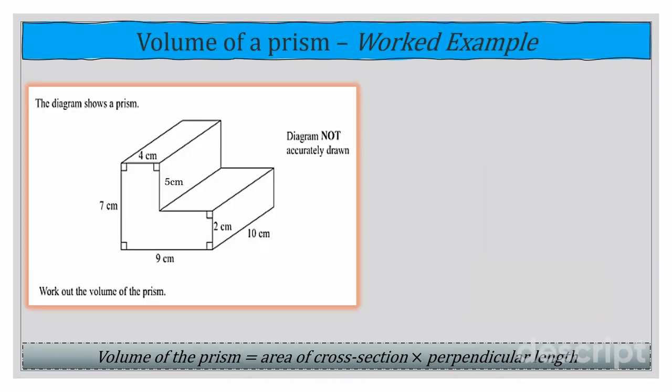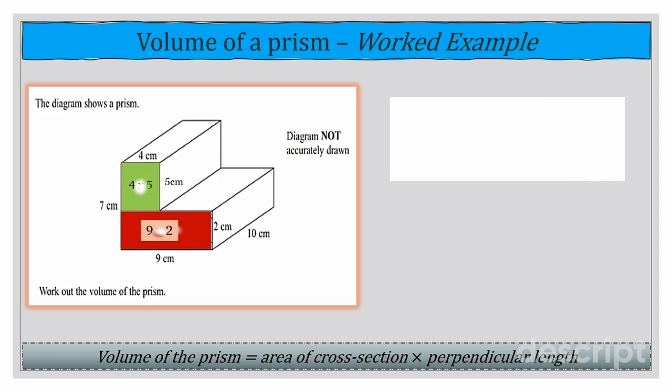Let's take the worked example of the volume of a prism. We have been given this L-shaped prism and we need to find the volume of this shape. What I'm going to do here is divide the entire shape into two parts because I cannot do an L shape without dividing it. Then the area of two rectangles is going to be 9 times 2 plus 4 times 5.